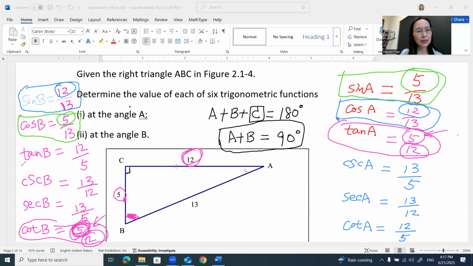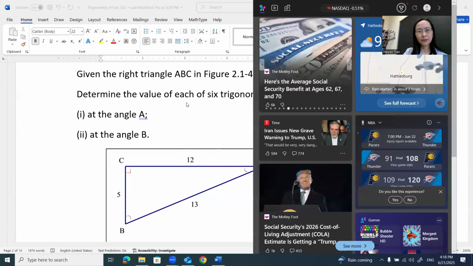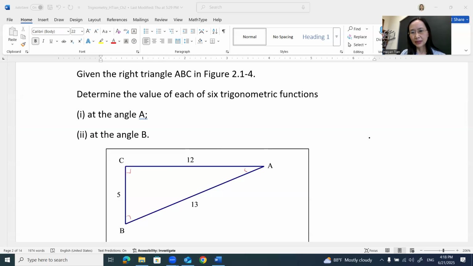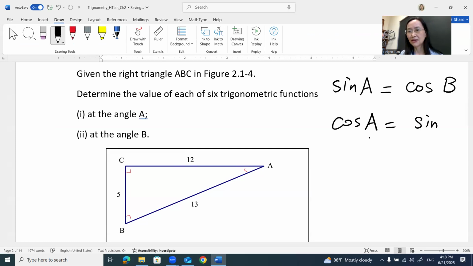So we want to point out that when A and B are complementary, the sine of A is the cofunction of B. And that means cosine of A is the sine of B, right?